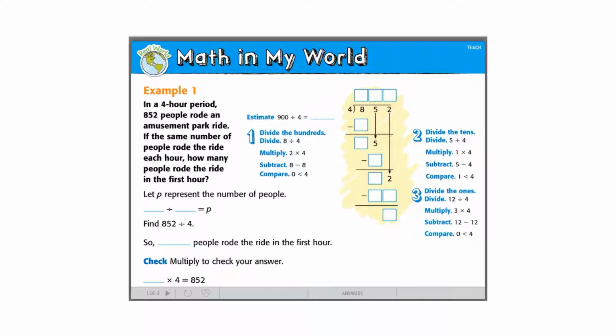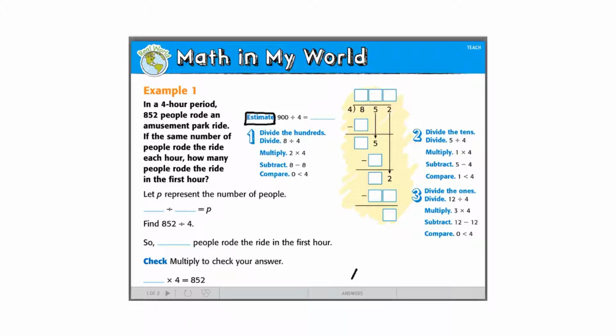Example number 1. In a 4-hour period, 852 people rode an amusement park ride. If the same number of people rode the ride each hour, how many people rode the ride the first hour? So in a 4-hour period, you have 852 people riding the ride. So it's 852 divided by 4. They did show how an estimate would help you check your work at the end.